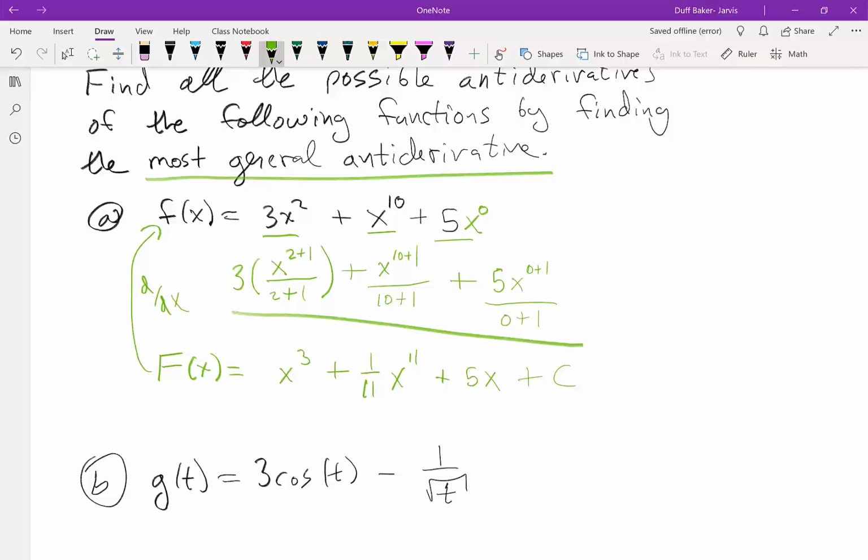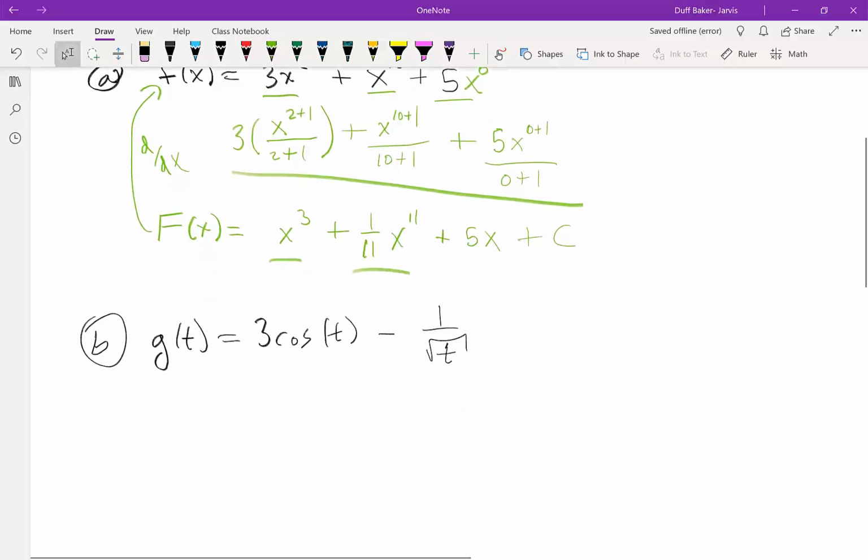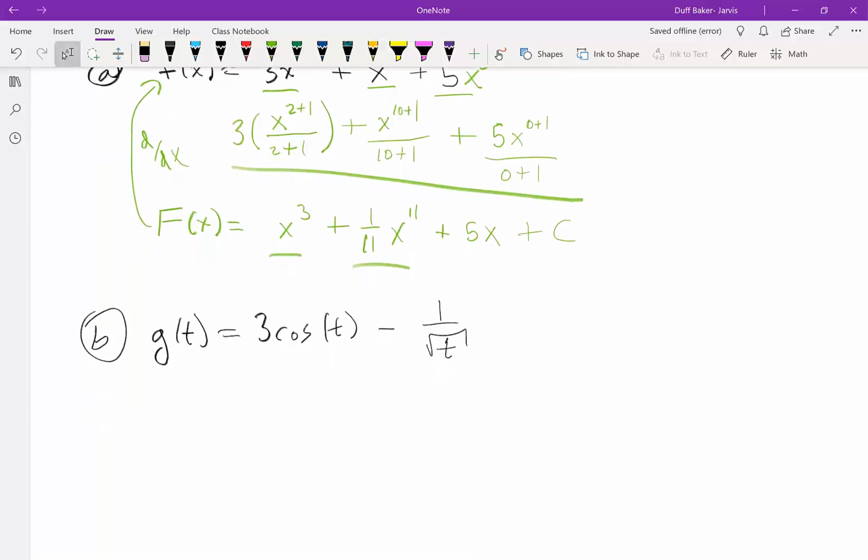Derivative of c is 0. Right? So you can just do these things term by term as long as they're added together. If they're multiplied, it doesn't work the same way. It's just like, you can't take the derivative like that either, right? You have to use the product rule. And okay, so any questions so far?